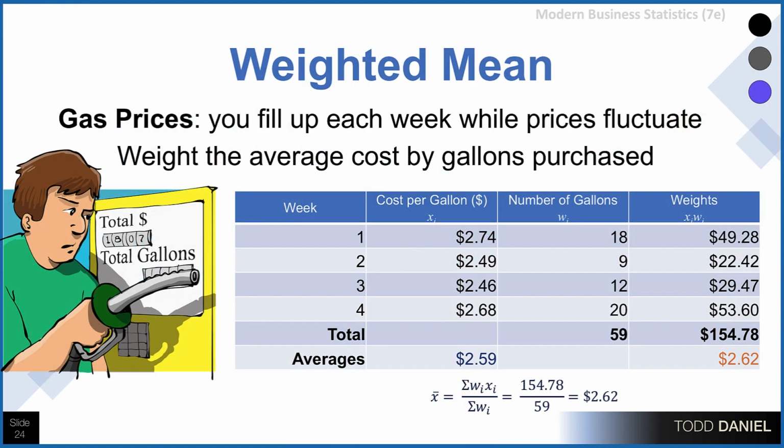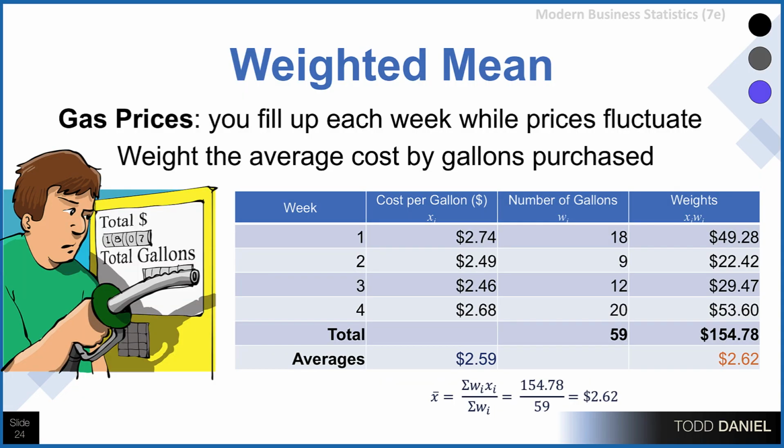A second way that we might want to adjust our mean would occur if we are measuring prices. However, what we are purchasing varies. And so we might be purchasing more or fewer items as that price continues to fluctuate. Therefore, we would use a weighted mean. We would weight the price by the number of purchases. So as you look at this table, over 4 weeks, we've been making gasoline purchases.